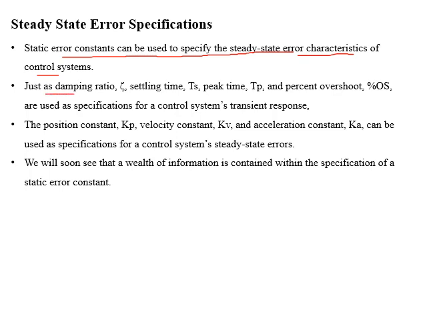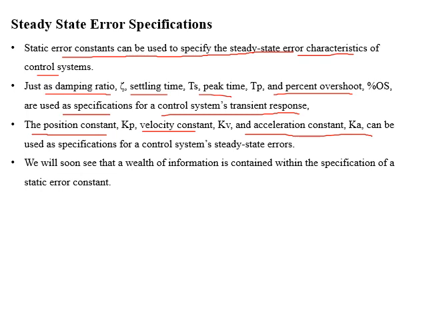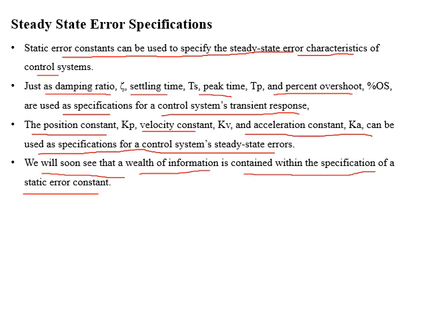Just like damping ratio, settling time, peak time, and percent overshoot were used as specifications of a control system's transient response, in case of steady-state error, the position constant, the velocity constant, and the acceleration constant can be used as a specification for a control system's steady-state error. Soon we will see that a wealth of information is contained within the specification of a static error constant.